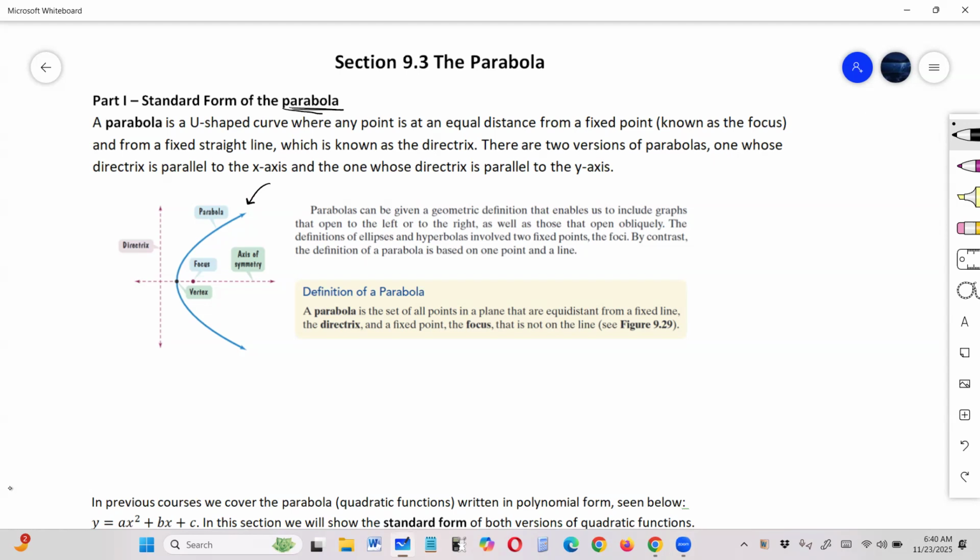But normally, we used to see the parabola either up like this or facing down like that. So we call the one that opens up concave up, and the one that opens down, concave down.